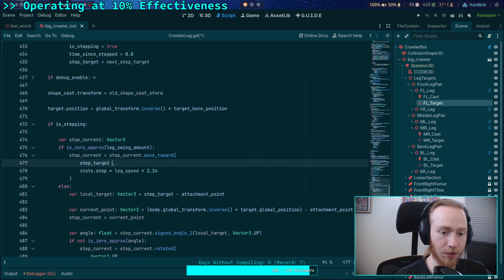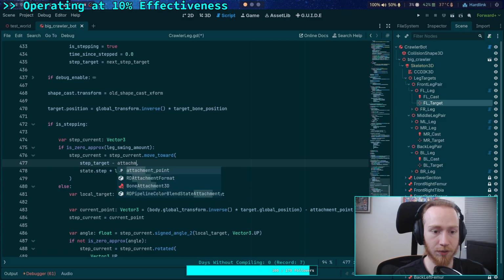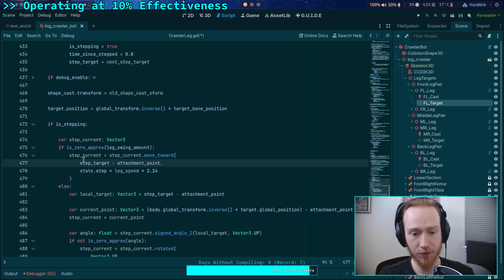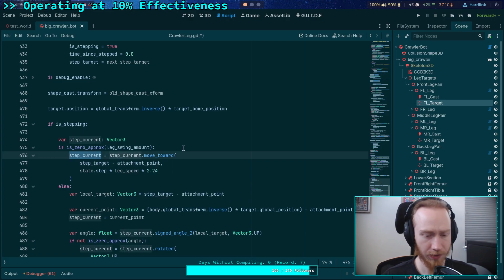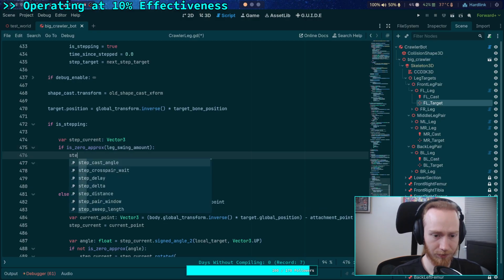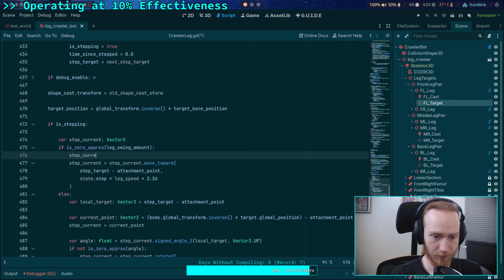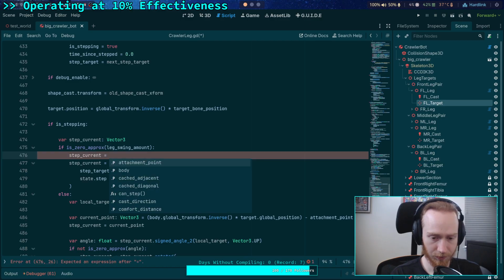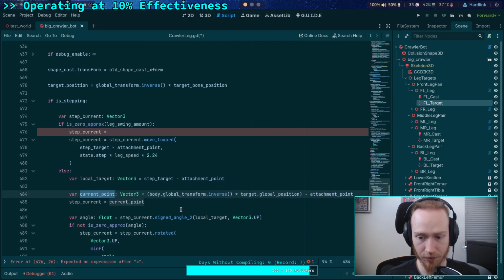This needs to be step target minus... Wait, step current equals step... Hang on. Step current point.